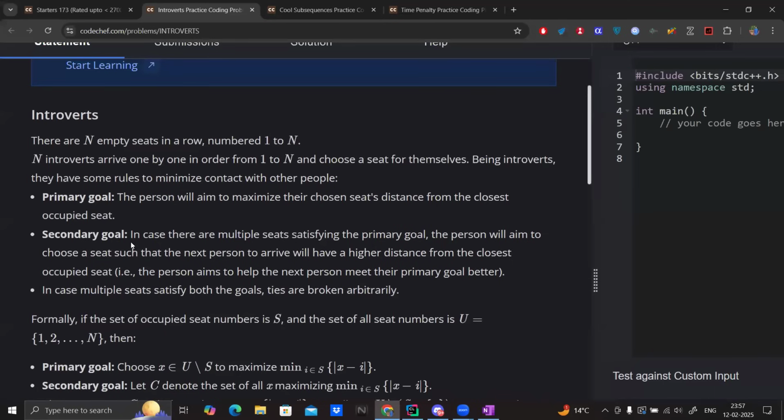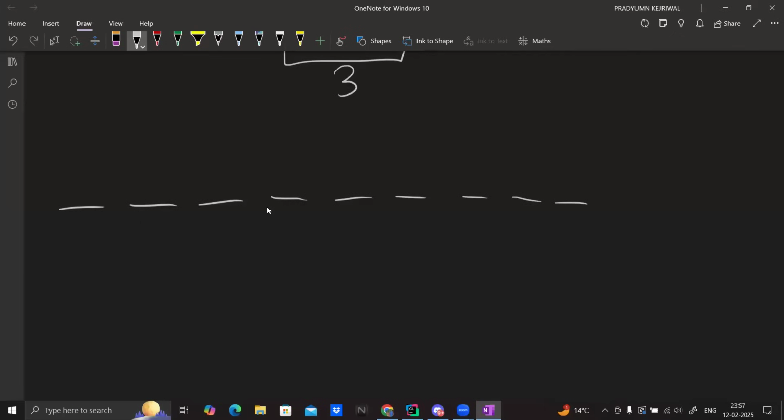But the secondary goal of him is that he will try to sit so that the second person that arrives will get a seat as far from him as possible. So basically he'll try to sit here, so that two can sit here, as far from him as possible.